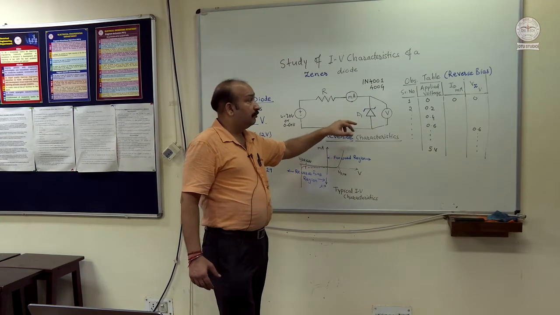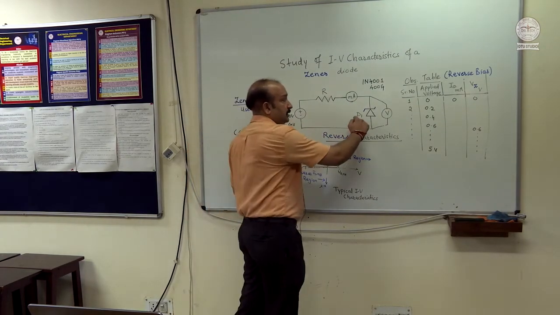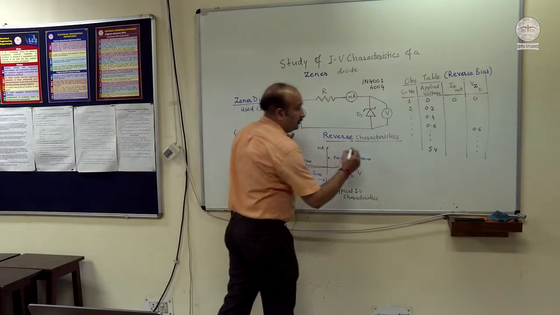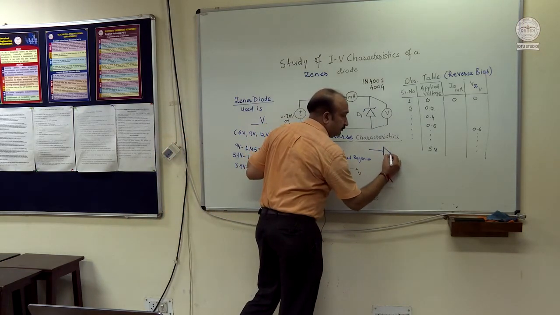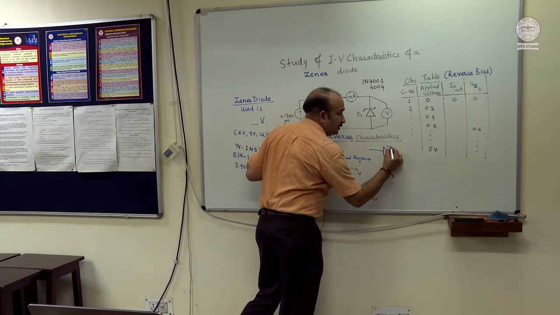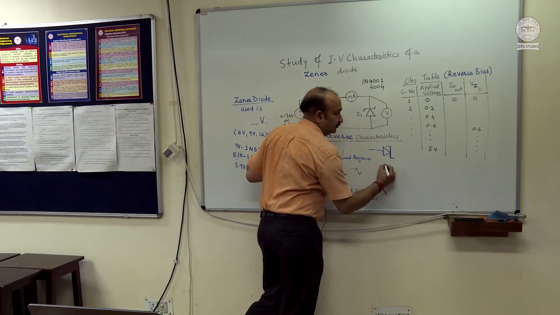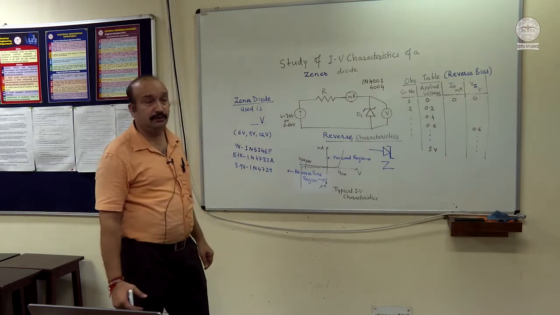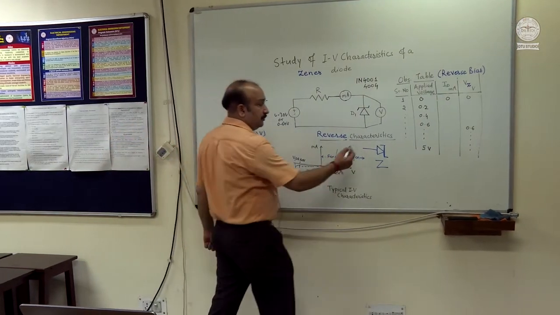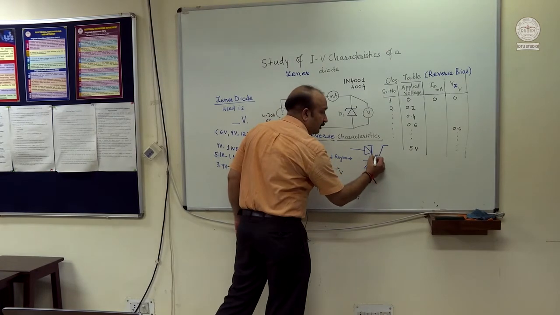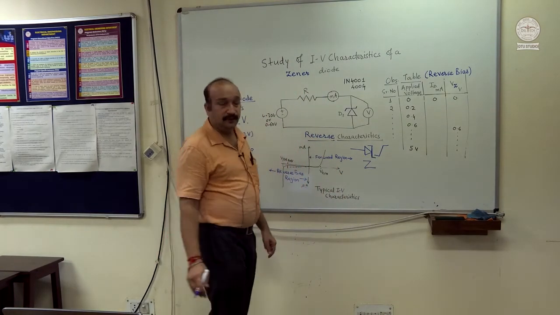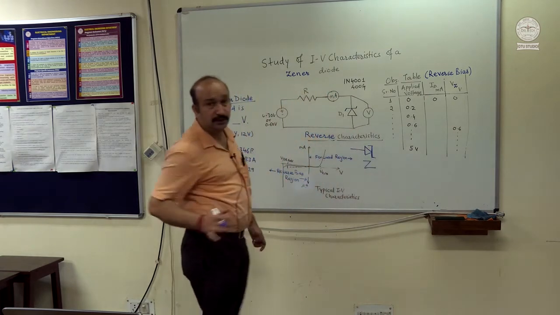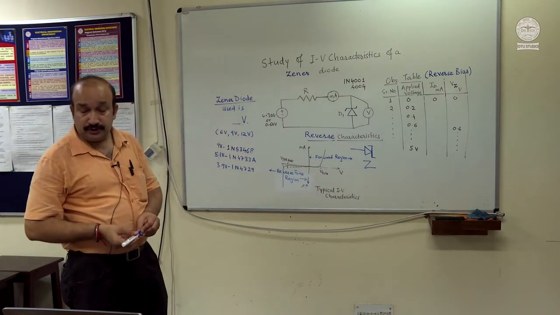People draw it in the wrong way also, but you should remember that whenever you draw that diode, it has to resemble a Z, for Zener. You cannot draw it like this. This is wrong. That is for another diode, the S shape stands for the Schottky diode. So, it should not be mixed with the Zener diode.